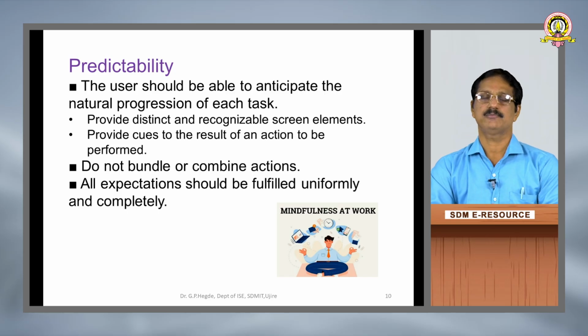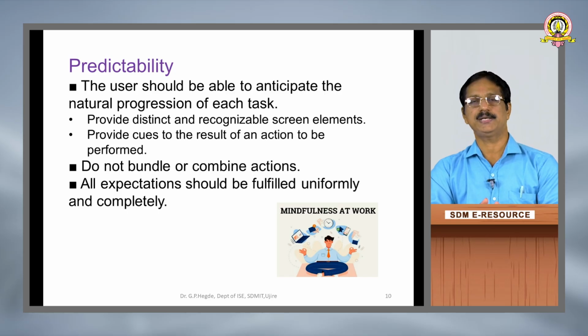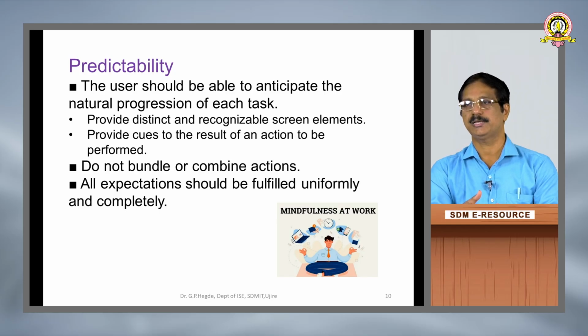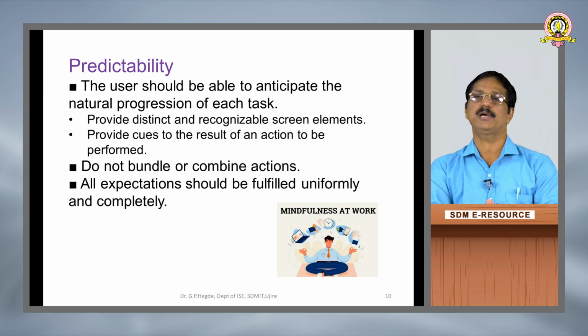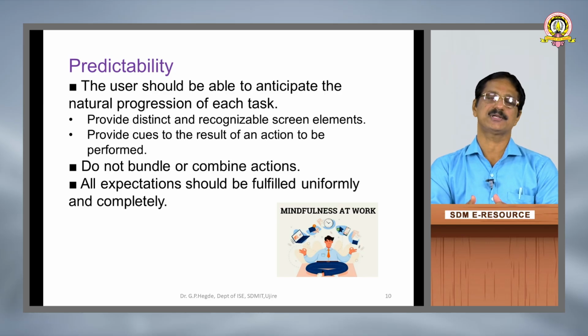While predicting, we should make it very clear. Predict everything individually. Say in the figure I showed, predict it is a watch, predict it is a laptop, predict it is another system, predict it is a computer system. Like that, we should predict everyone. So do not bundle it, do not combine it, make it separate and predict properly. It would be easier if we do like that. So all expectations should be fulfilled uniformly and completely.